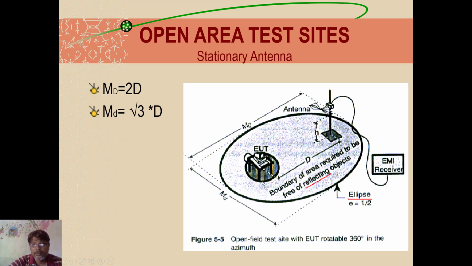MD is the width and the major axis, and the minor axis is small MD, which will be equal to square root of 3 into D. It's an elliptical one that you need to keep in mind in the case of stationary antennas. Equipment means circle, antenna means elliptical. That you need to keep in mind.